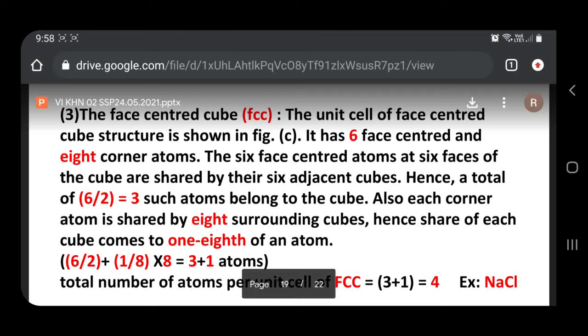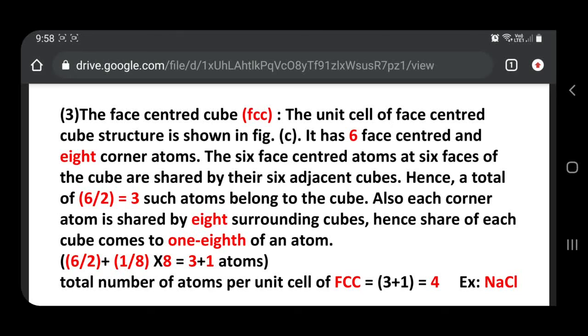So at each face you have a lattice point where an atom is there, shared between 2 adjacent unit cells. Like that you have 6 faces, right? So totally you have 6 facial atoms divided by 2. This 2 is appearing because each face is shared between 2 adjacent unit cells, right?